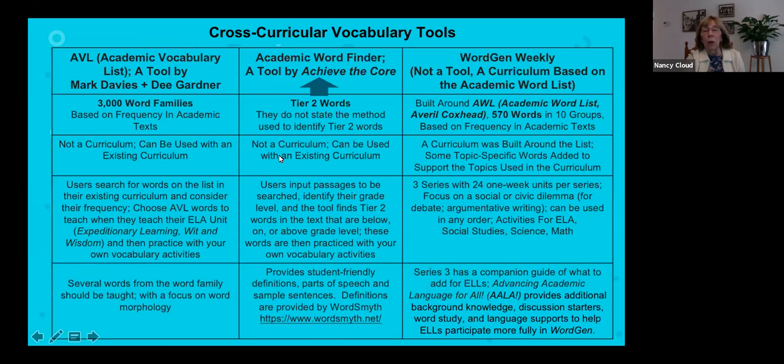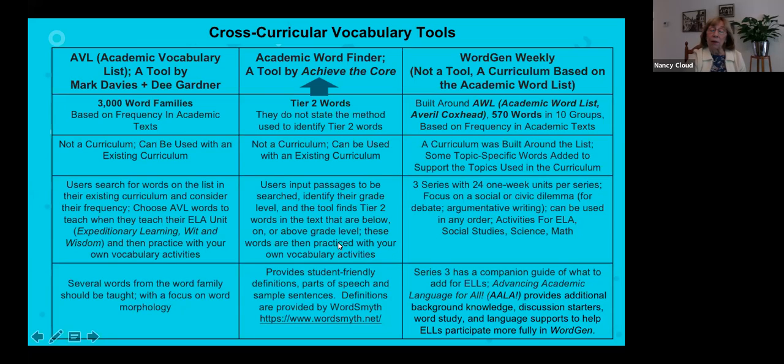But it too is not a curriculum. It's used with an existing curriculum. You're inputting passages from the curriculum. You would input a passage to be searched. You would tell the tool your grade level, like I'm in 7th grade, and the tool will find tier 2 words in the text that you input. It'll tell you if those words are above or below grade level or on grade level.